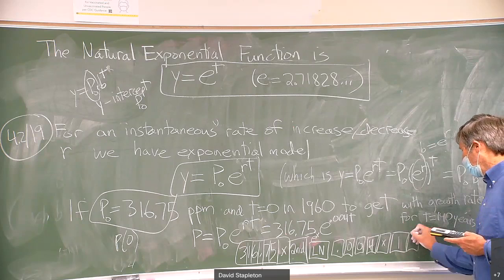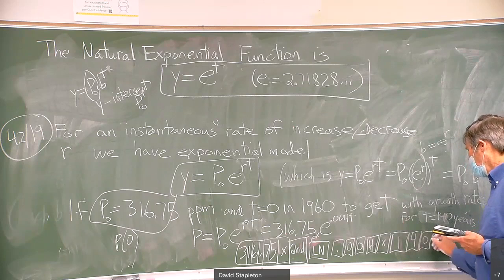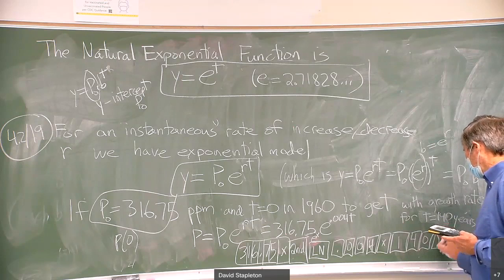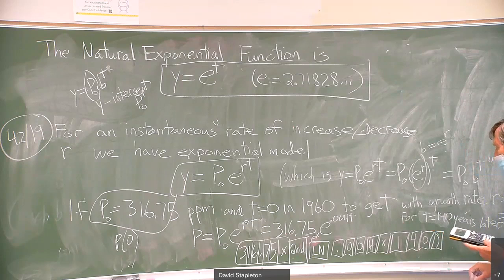So I'll take 140, close the parenthesis on many calculators. You may not need it on yours, depending. And enter. And that will give it to you. So try that, and that worked on mine.